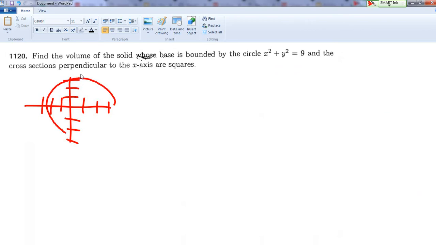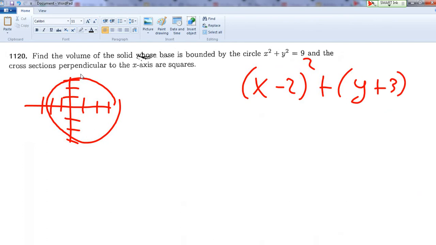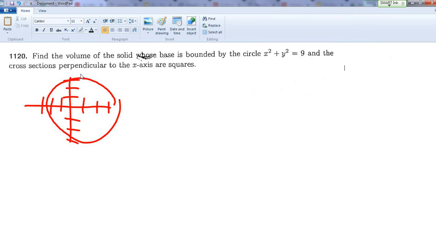There's no x minus h, y minus k, none of that stuff. If it was shifted, it would look like this: right 2 and down 3. Not shifted, so where are the bounds of our integration going to be? Negative 3 to 3.